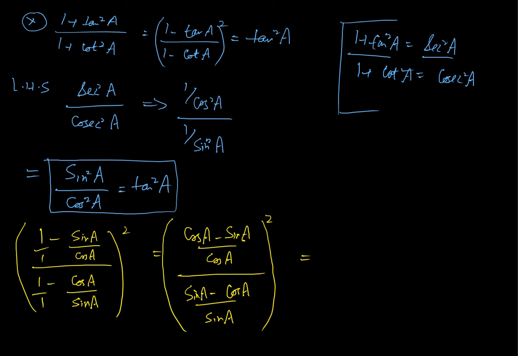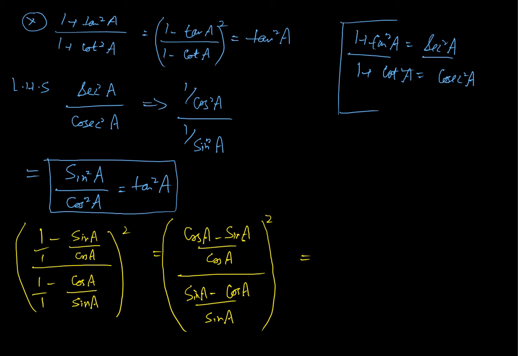Here you have cos A − sin A and sin A − cos A. If you take negative as common in either of the two, then they'll cancel out. We can also write it using a/b divided by c/d equals a/b multiplied by d/c.